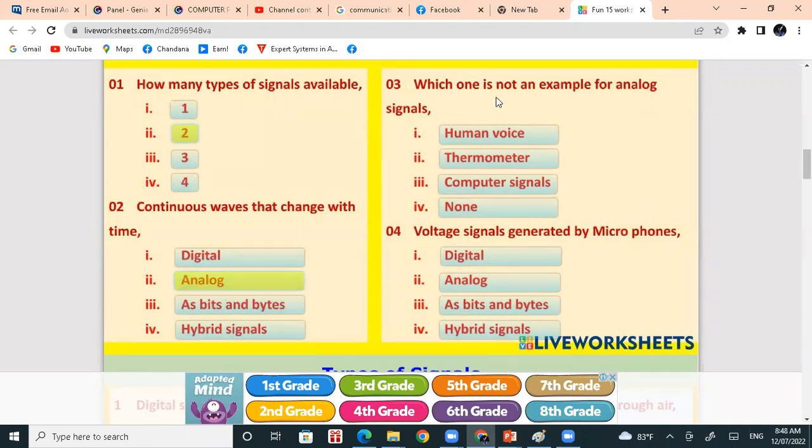Third question: which one is not an example of analog signals? Computer signals, sir. Yes, computer signals. Voltage signals generated by microphones. What is the answer?